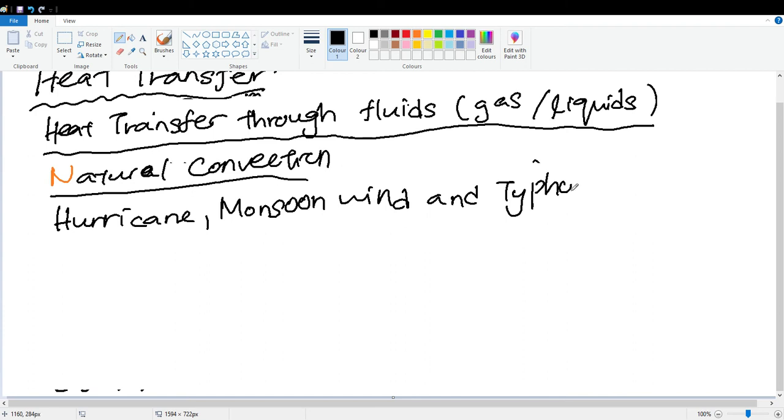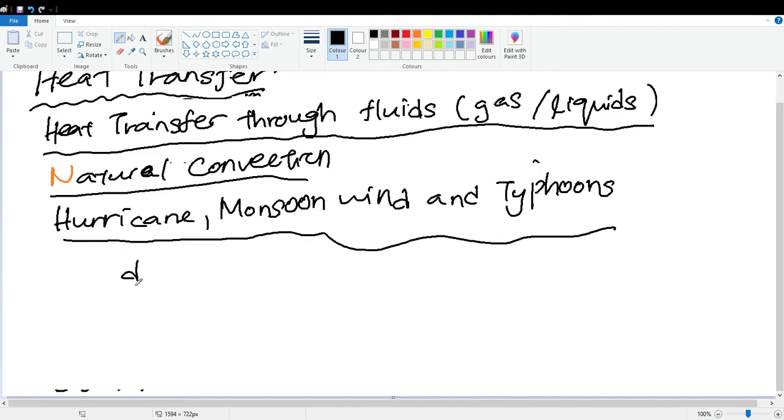So this phenomenon is actually due to the extreme difference in temperature.